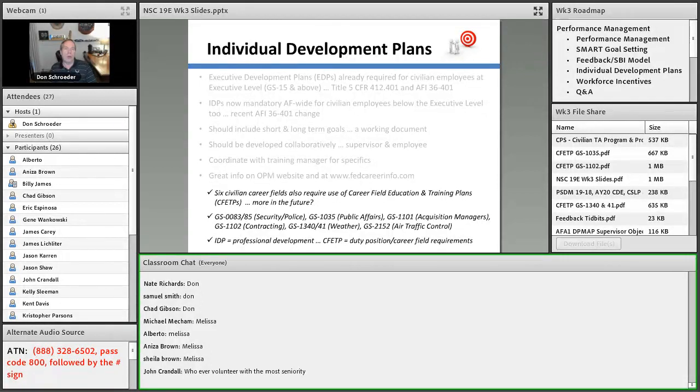Every career field, whether it's a civilian, an Air Force officer, or an Air Force enlisted, has what's called an Air Force career field manager. Every enlisted career field has a CFETP dictated by their career field manager. There are 19 officer career fields that require CFETPs as dictated by their career field manager. There are now 6 civilian career fields that require the use of a CFETP as well.